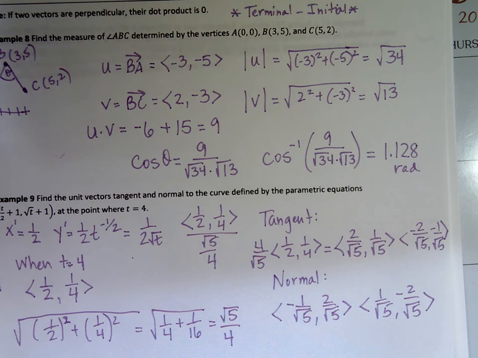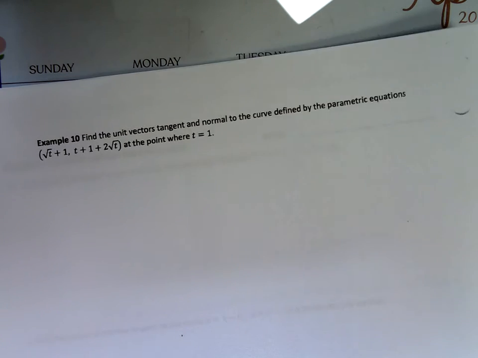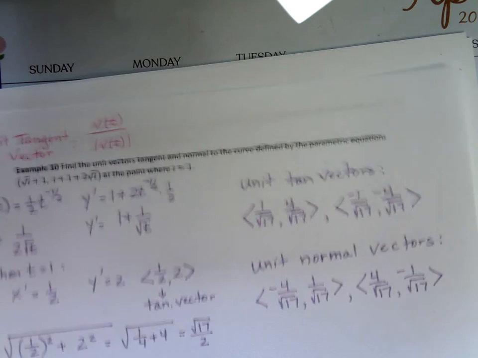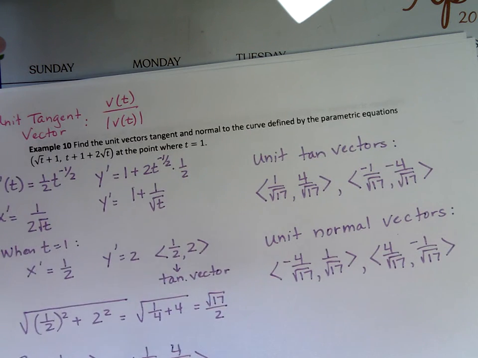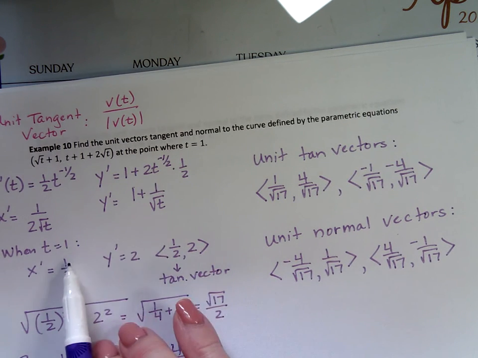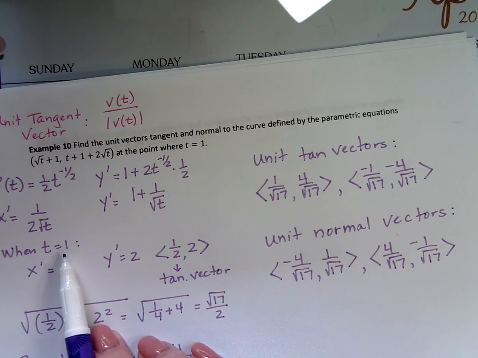All right. Example 10 is one more like that, but again, I did all the work for it. Let me just show you and explain it real quick. So I do the same thing. I find the derivatives, I simplify the derivatives, I put in the t-value they tell me. T-value they told me was 1, so I put the 1 in.